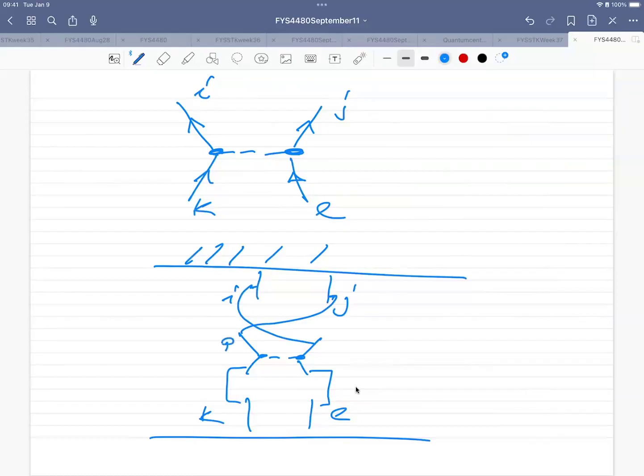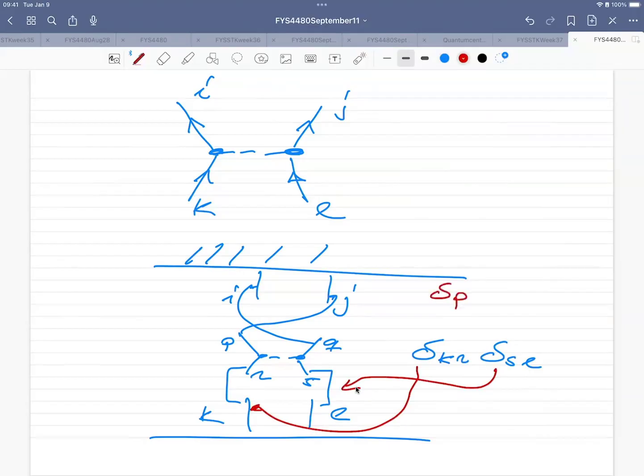So putting on labels P, Q, R, S, this gives me a delta KR as before, a delta SL. So these are the terms which you see here now. Delta KR is this one, delta SL is that one. But now I'm interchanging, so I get a delta PJ, and I have a delta IQ.